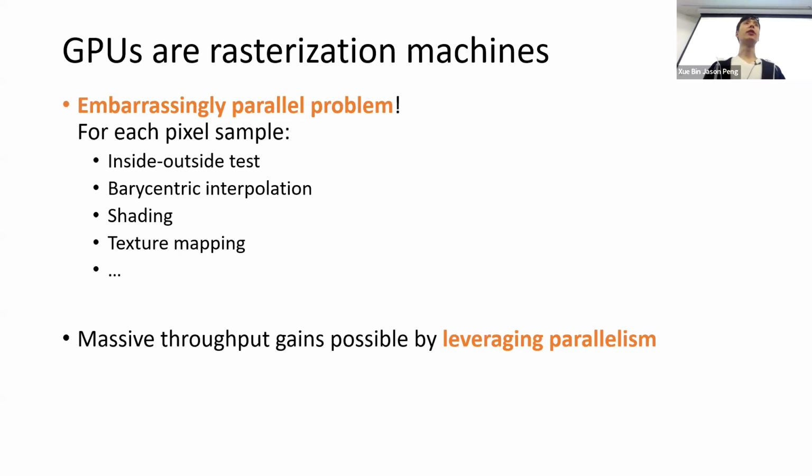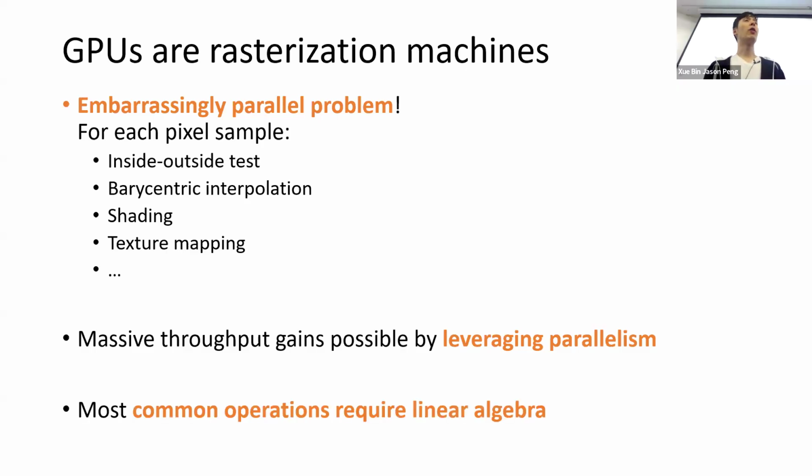Another key insight that these GPUs leverage to speed up computer graphics applications is that most of the common operations that we need to perform in computer graphics are linear algebra operations.